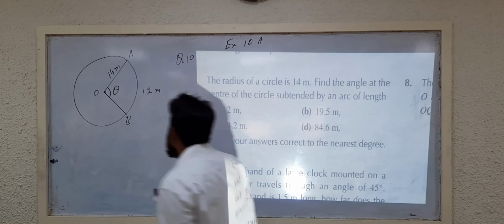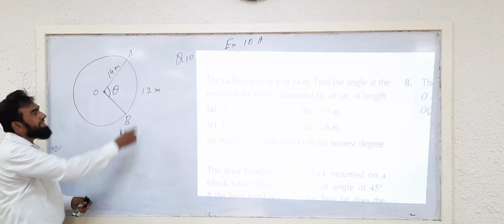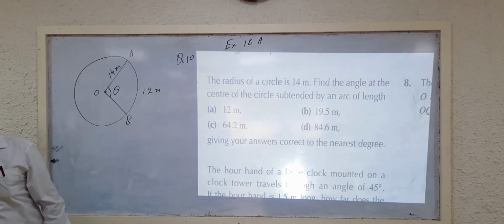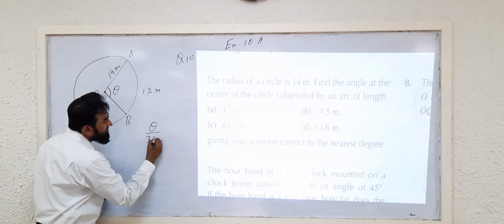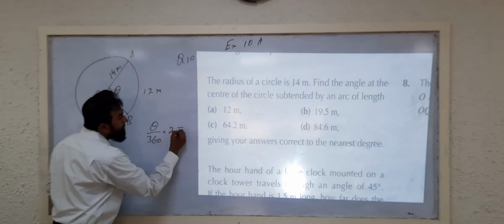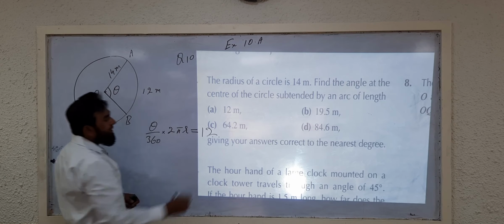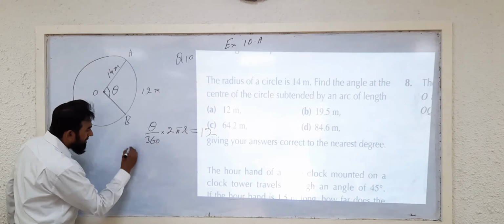Okay. Which formula should be applied? Here the arc length is given, so we use the formula for arc length of the circle, which is theta over 360 into 2 pi r is equal to the arc length, which is 12 meter. Now I am applying the values.